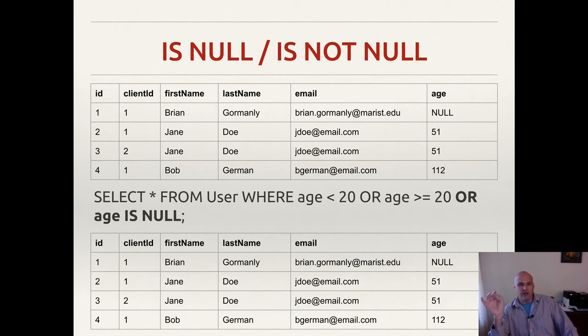So if I expand this query here and I say select star from user where age is less than 20 or age is greater than or equal to 20 or age is null, now I've included my record. You can also use is not null if you want to return things that are only not null. It's actually a very common where criteria on your selection, just to eliminate those null values to make sure you don't get them.